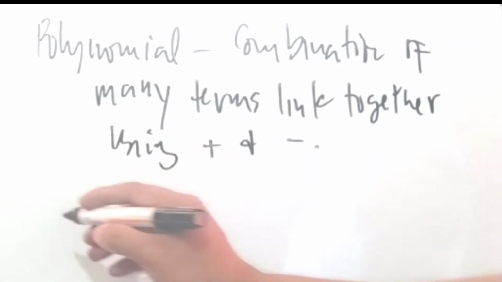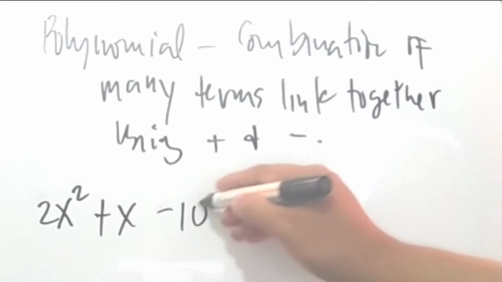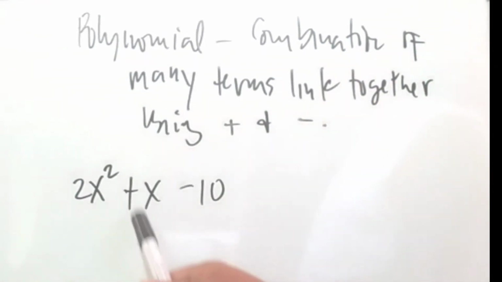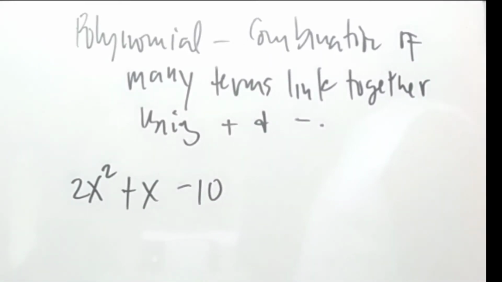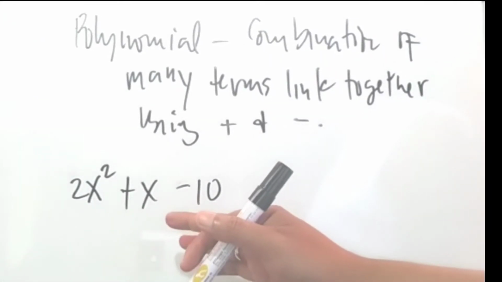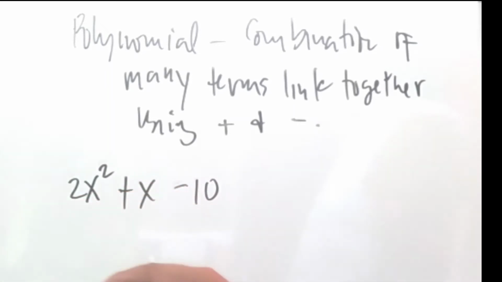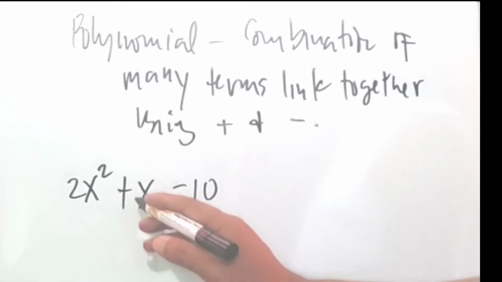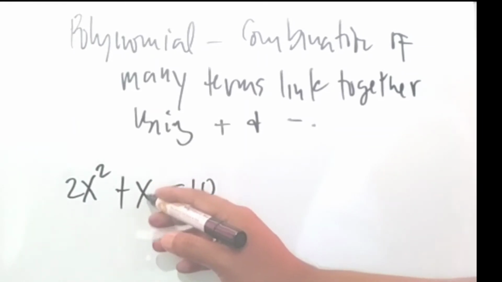For example, now in this example, we have 1, 2, 3 terms. Remember the term, it is a combination of a number and a variable, like this one, number part, variable part. On this one, the number part is a numerical coefficient 1 and the variable part is x.